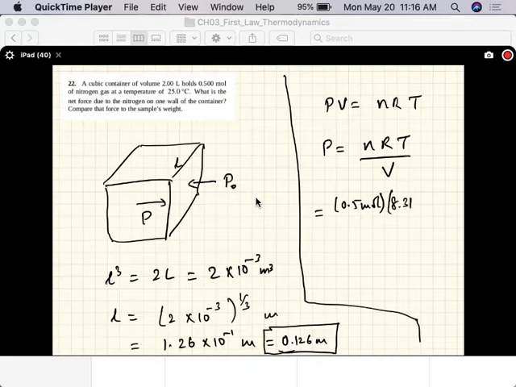R is 8.314 joules per mole per Kelvin. Temperature is 25 degrees Celsius, 298 degrees Kelvin. And volume is 2 liters, 2 times 10 to the minus 3 meter cube.